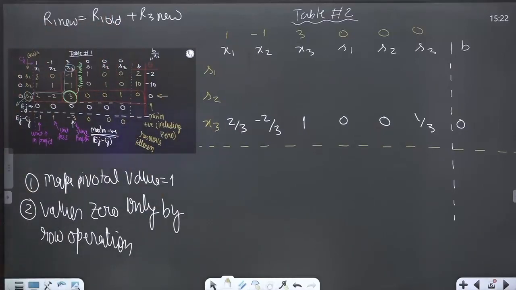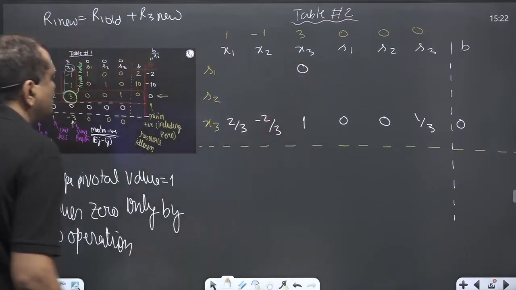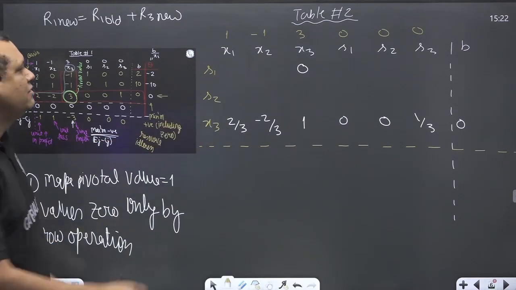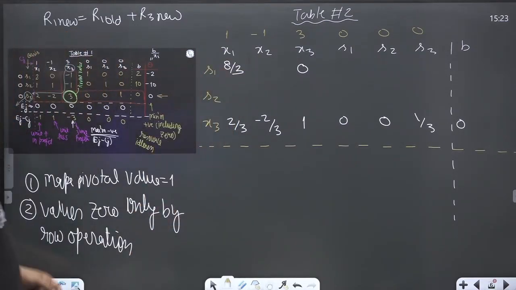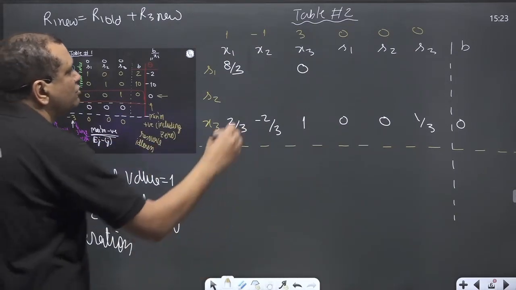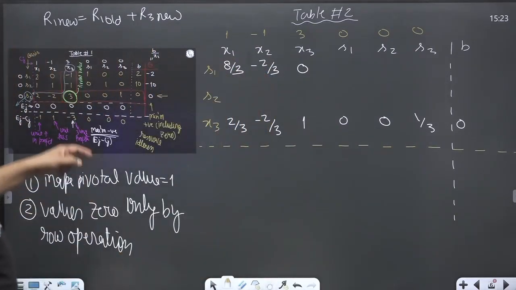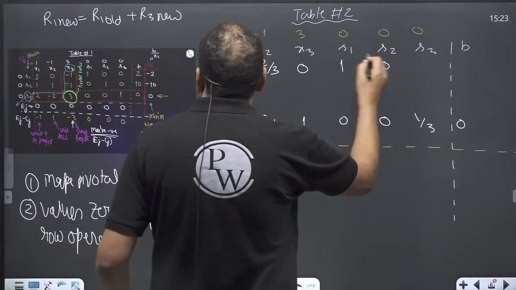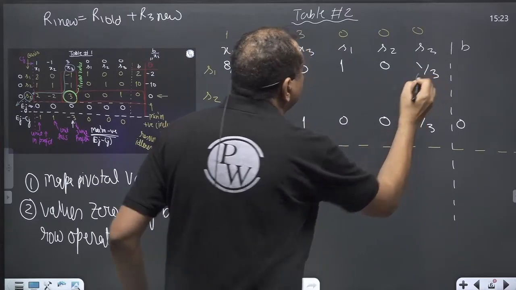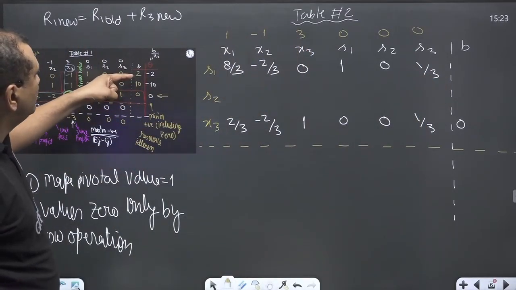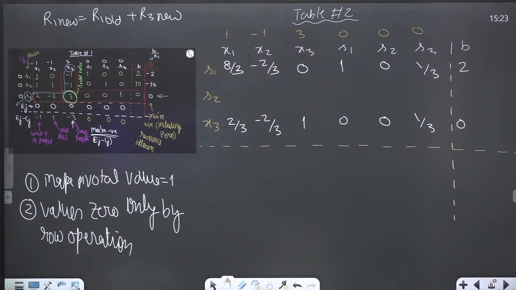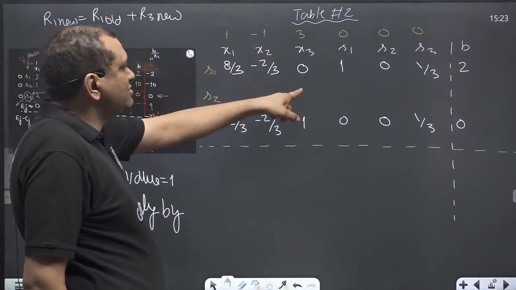Now 2 plus 2 by 3 is 8 by 3. 0 plus minus 2 by 3 is minus 2 by 3. 1 plus 0 is 1. 0 plus 0 is 0. 0 plus 1 by 3 is 1 by 3. 2 plus 0 is 2. We do only row operations.